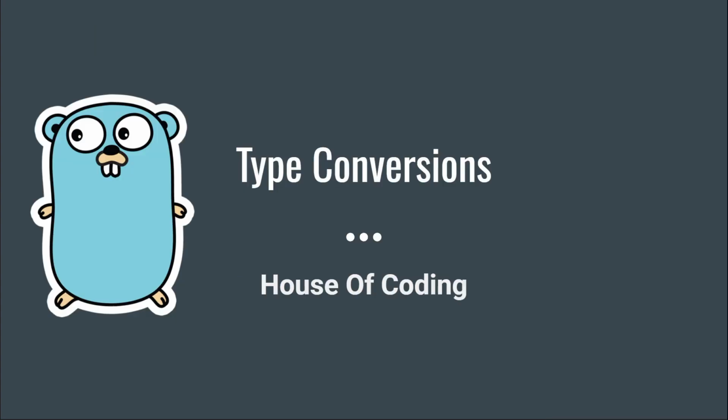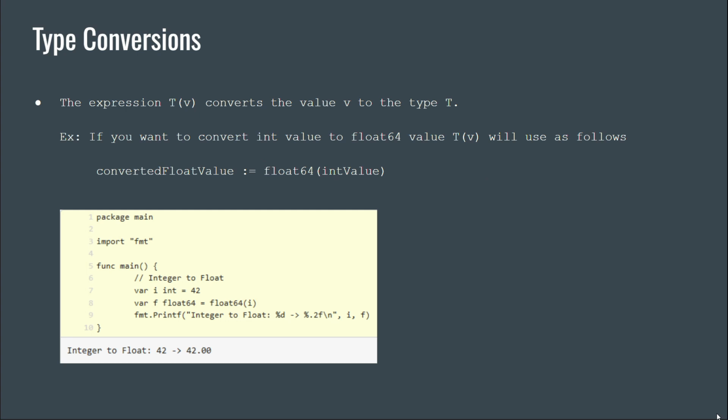Type conversions in Golang. The expression T(v) converts the value v to type T. For example, if we want to convert an integer value to a float64 value, the expression T(v) will be like this: float64 within brackets int value or variable.